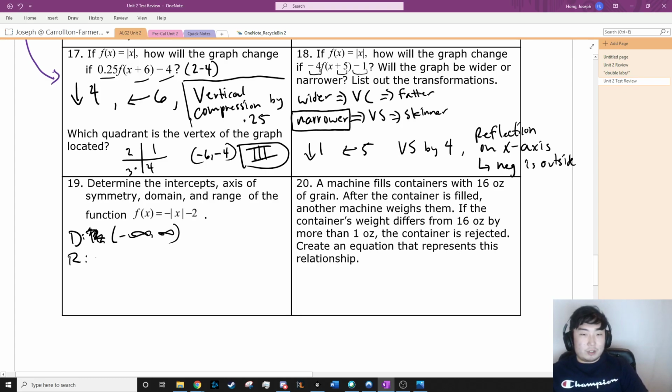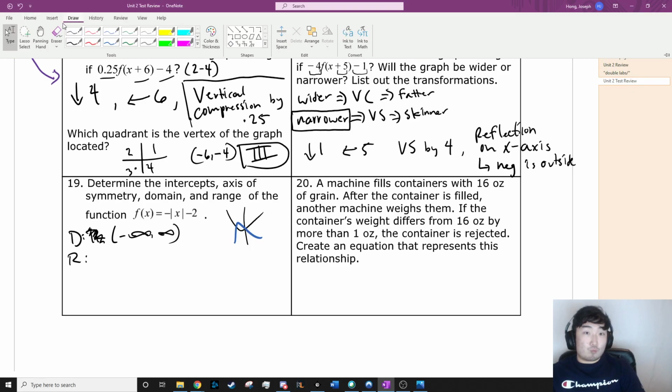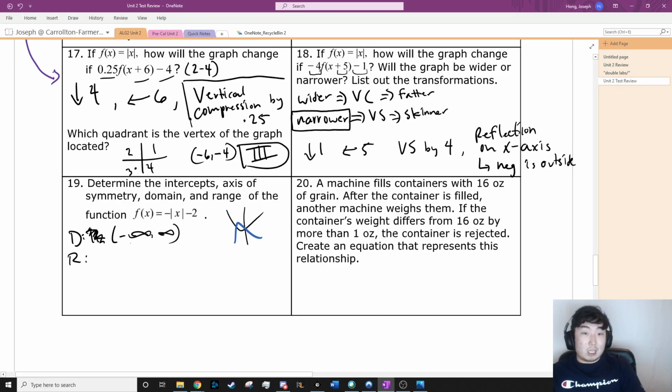Your range. So is your graph facing upwards like this, or is it facing downwards like this? Which one is it? It's actually facing downwards because of this. This outside negative is reflecting on the x-axis. The x-axis is the left to right line.